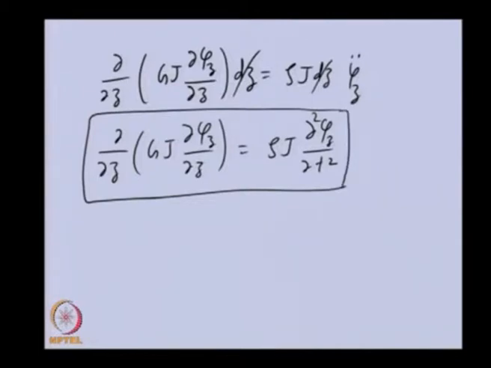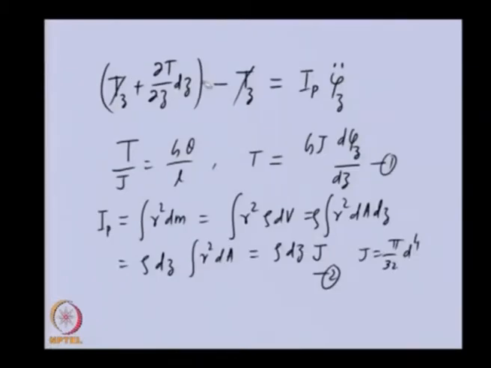In this particular case, we did not consider the external torque, but if we want to consider external torque in the previous slide, here we will be having external torques.